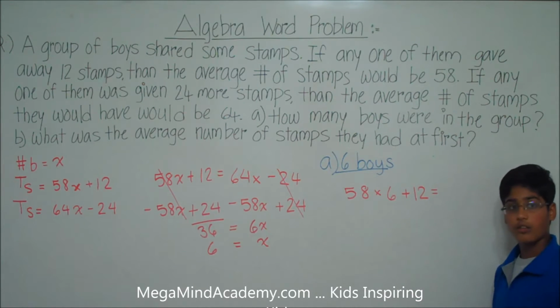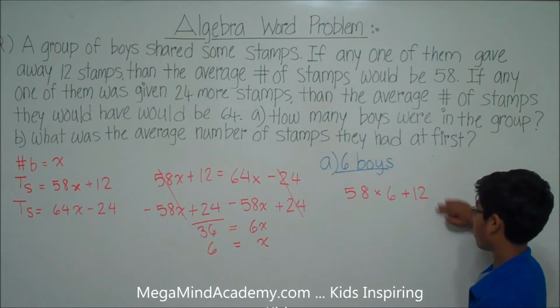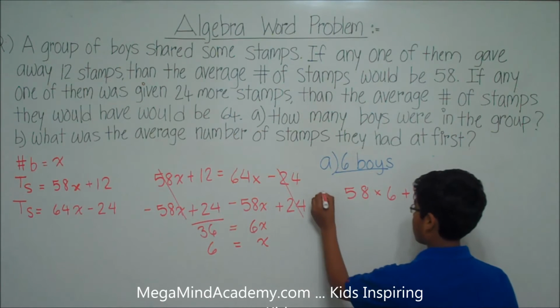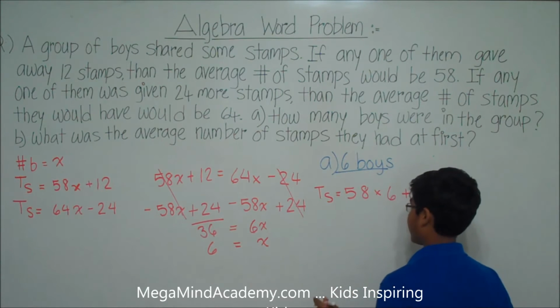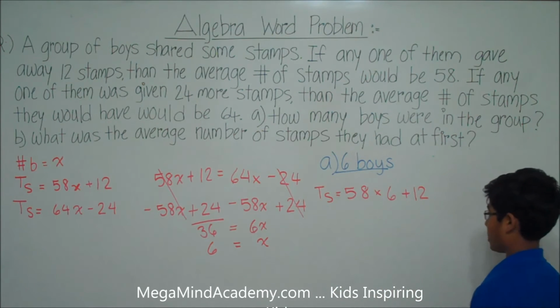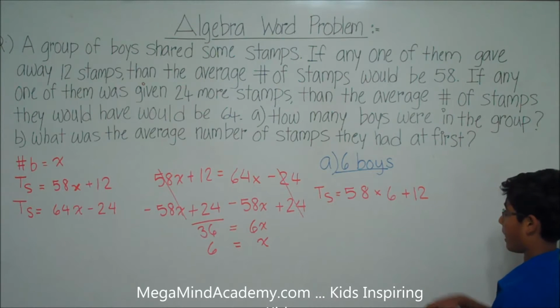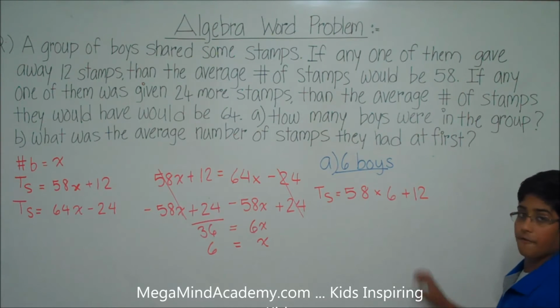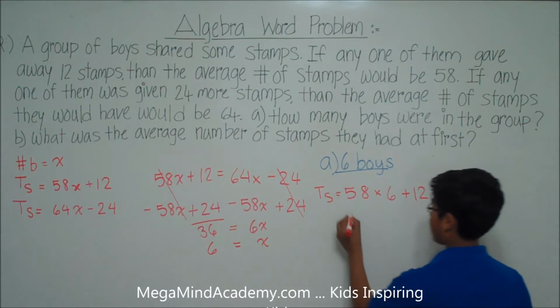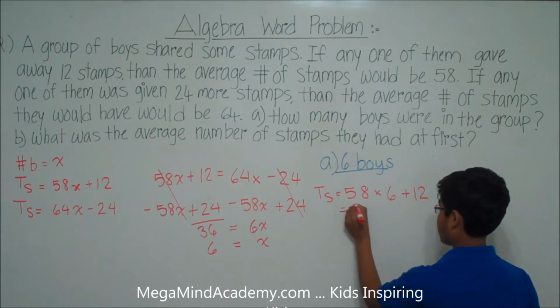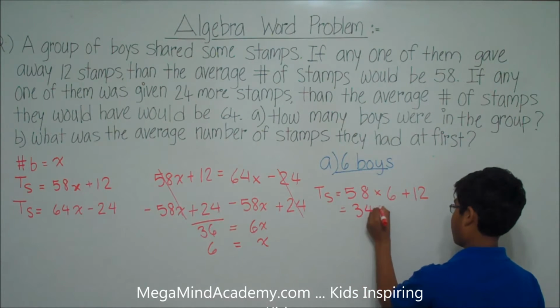Now we have to use the order of operations. Total stamps, TS for total stamps. Now let's use the order of operations. This means that we have to multiply 58 and 6 first. So 58 times 6 is equal to 348.